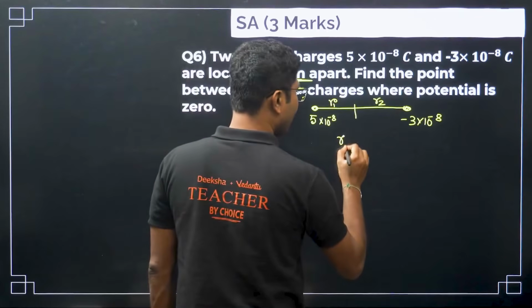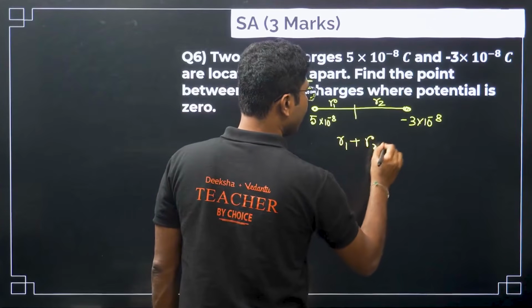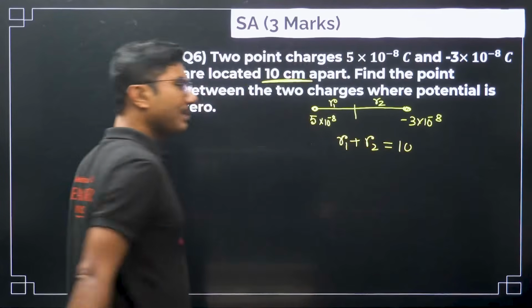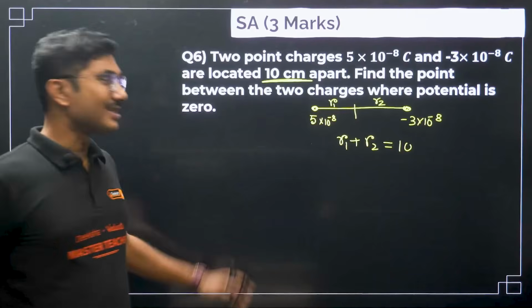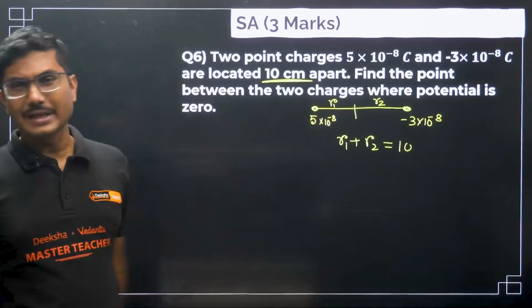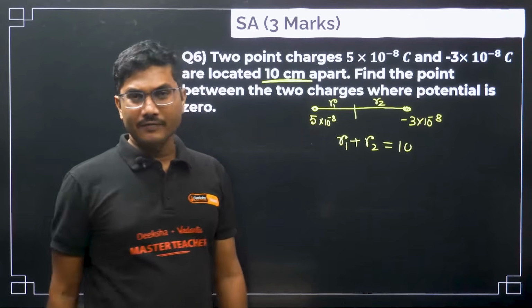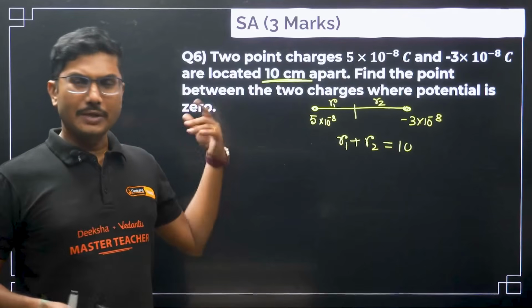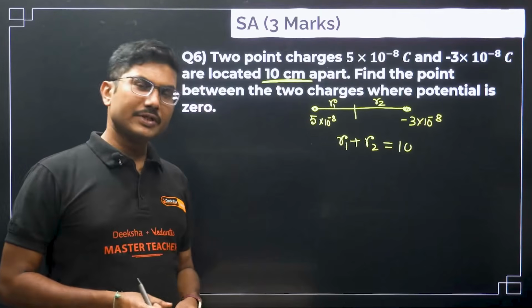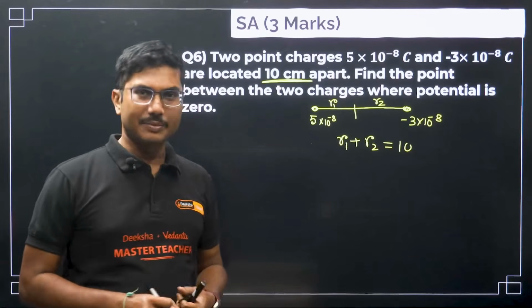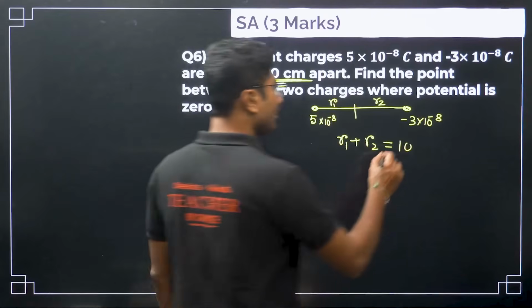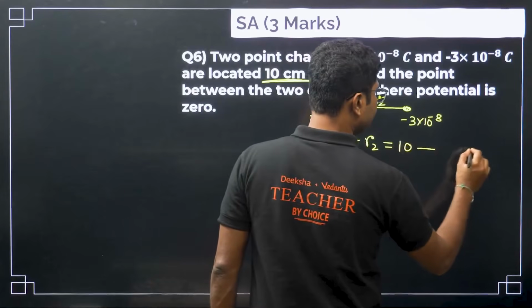So R1 plus R2 equals 10, right? Now we are keeping it in centimeter because the unit does not matter for this particular case. If you want, you can convert it into meters, your final result will be in meters. But if you keep it in centimeters, the final answer will be in centimeters only. So this is the first condition, equation number 1.